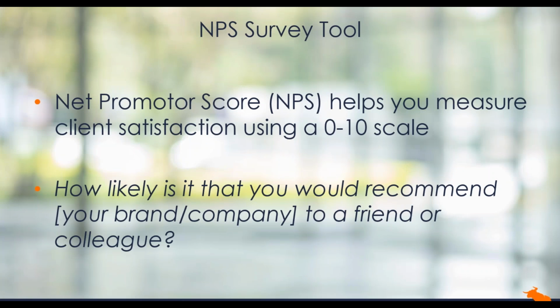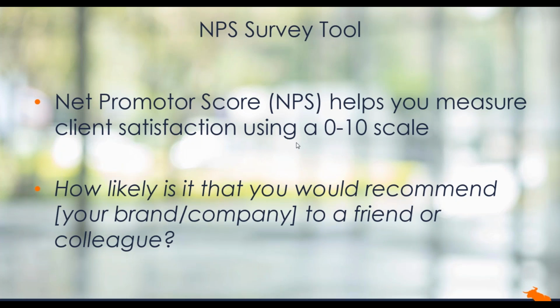NPS stands for Net Promoter Score, and this helps you measure client satisfaction. It's really simple. It's really straightforward. Your clients are going to answer a question on a scale of 0 to 10, and that question is how likely is it that you would recommend your company, your brand, to a friend or colleague.